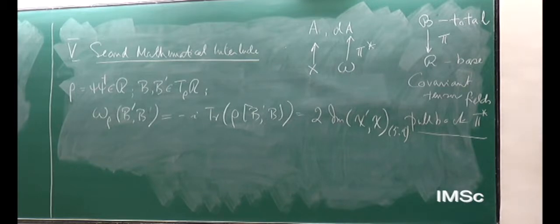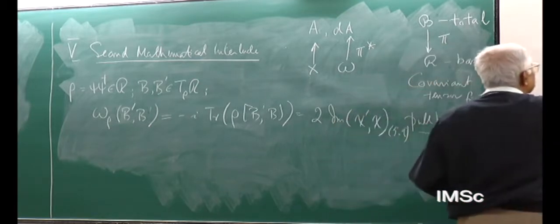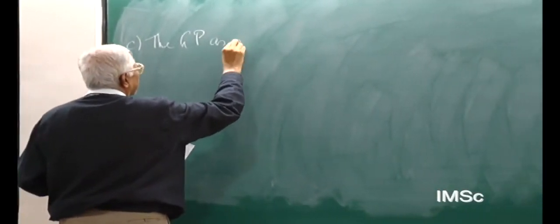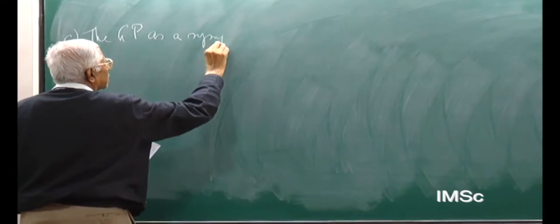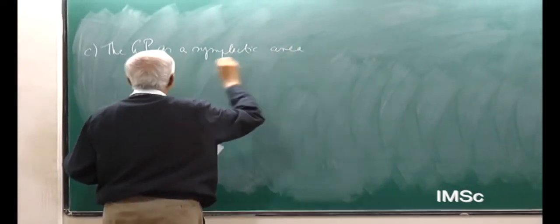I'll give one last formula, and then that will be it for today. And that is, in my notes, in this section, I've called it subsection C, the geometric phase as a symplectic area.